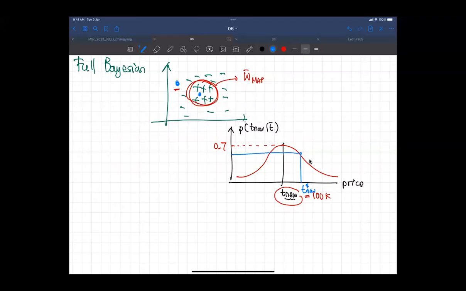Not only do I know the best price, but I can also know what is the probability if I increase it by a certain margin. And that's also important in your decision making. That's the meaning of predictive distribution in regression. Yes, go ahead.